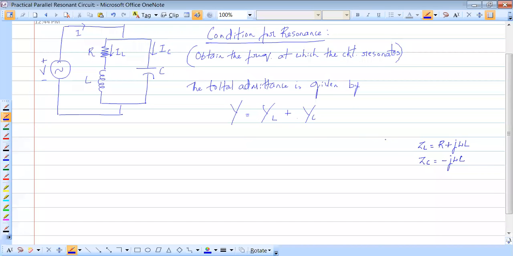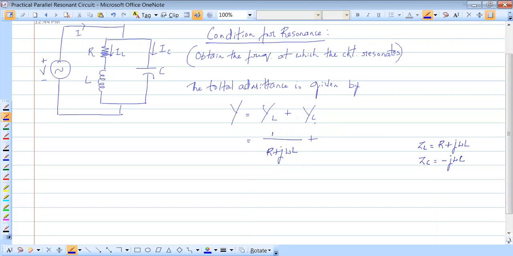So what would be YL, the admittance? The admittance YL would be the inverse of ZL. So I can write that as 1 by R plus J omega L, plus the admittance of the branch where the capacitor is connected.